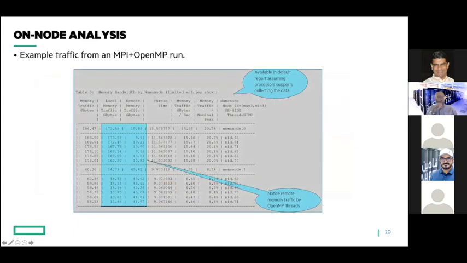We have seen this one where you improperly use OpenMP on different NUMA domains. Here you can see you have a considerable remote memory traffic between NUMA domains, which means something is going wrong with the first touch policy of your OpenMP rank. So it's a place to look at.